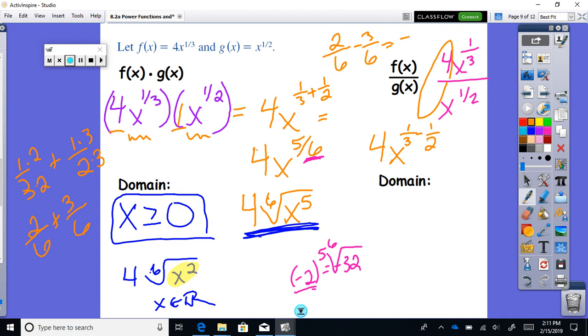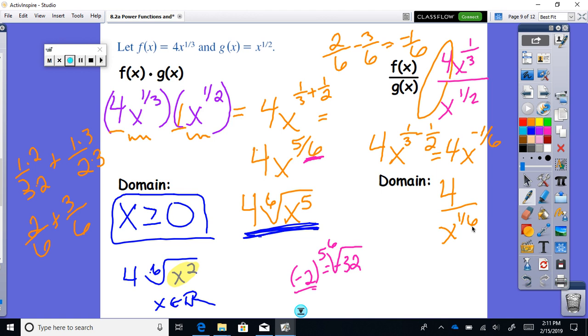So I'm going to end up with negative 1/6. This is going to be 4x to the negative 1/6. I can't leave it as a negative exponent, so I'm going to have to do 4 over x to the positive 1/6.